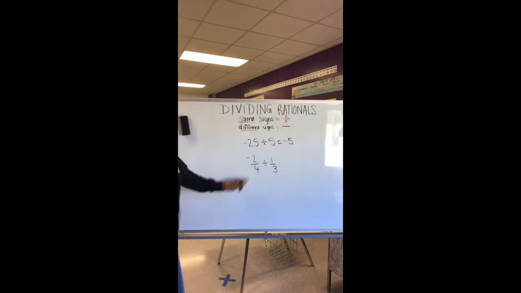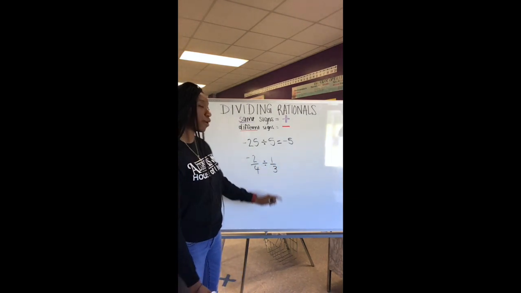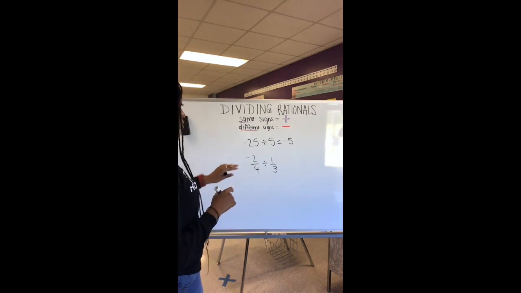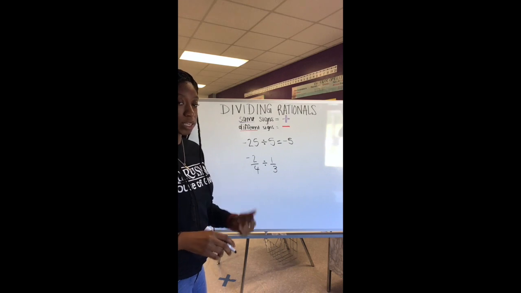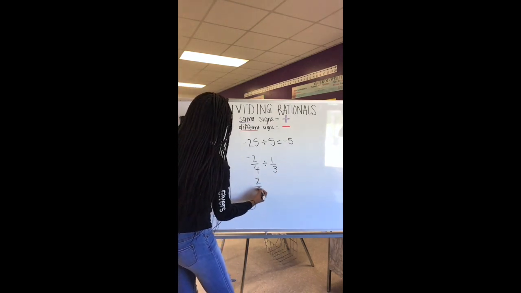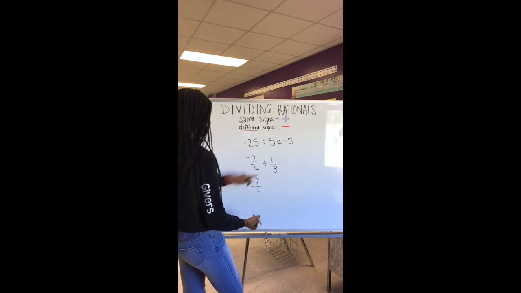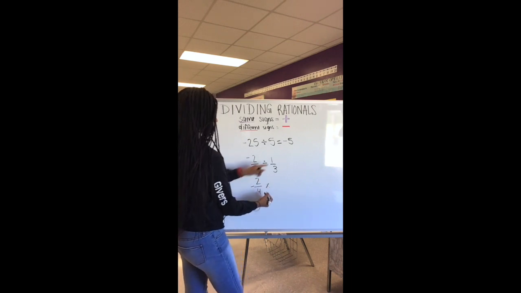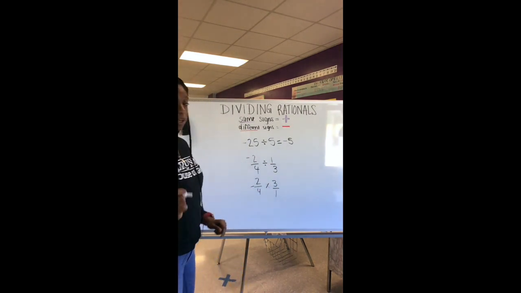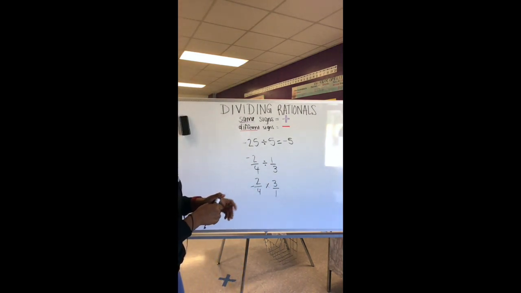This time we have negative 2/4 divided by 1/3. So this is a fraction, which means before we do anything, we gotta keep, change, and flip. So we're gonna keep the first, negative 2/4, change the division to multiplication, and flip 1/3 to become 3/1. Now we can go ahead and multiply our fractions because we know how to multiply fractions.